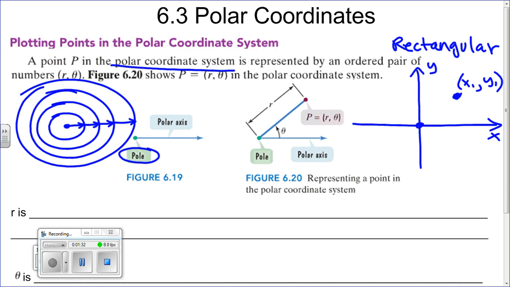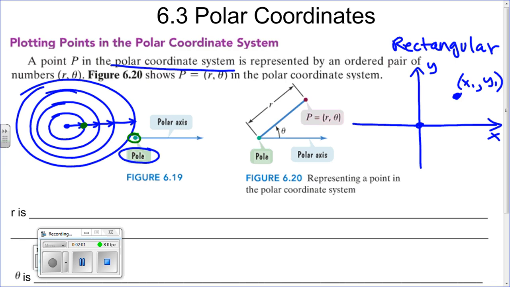However, we're going to start by just plotting points, and in section 6.4 we'll plot some graphs. With these ones here, we're just going to be graphing a dot, just points. Instead of calling it the origin, we'll call it the pole.